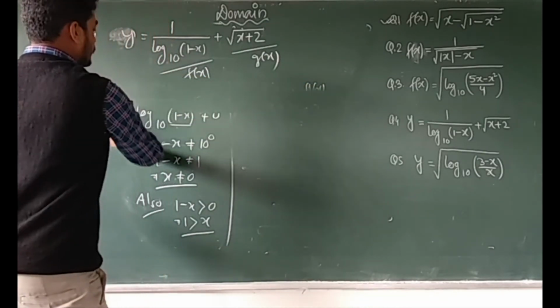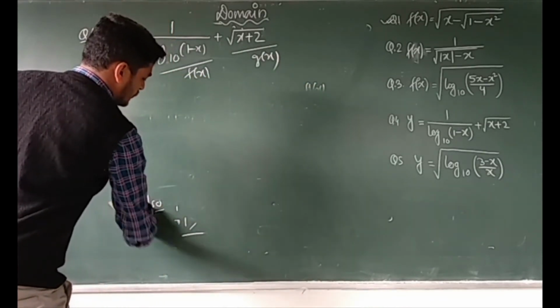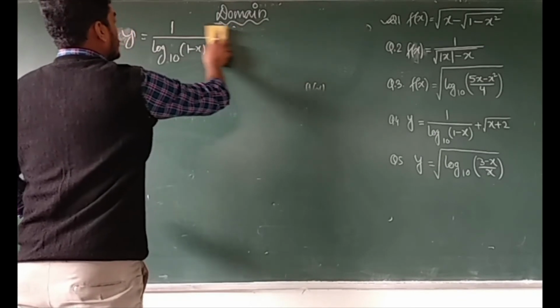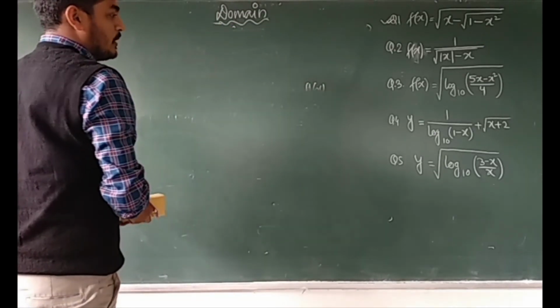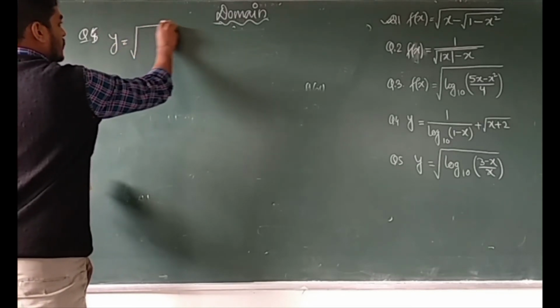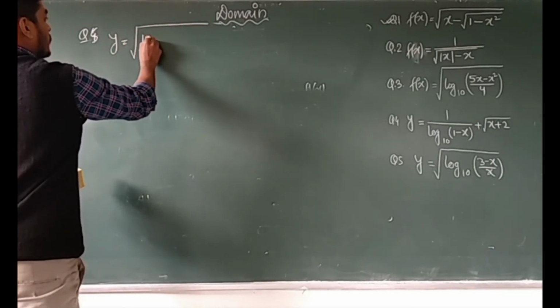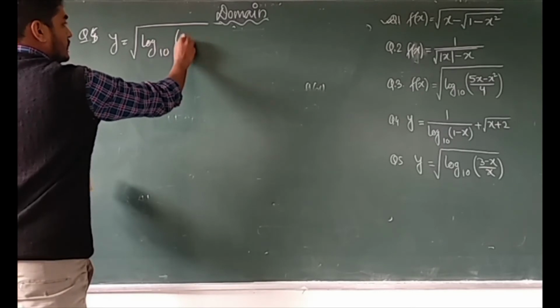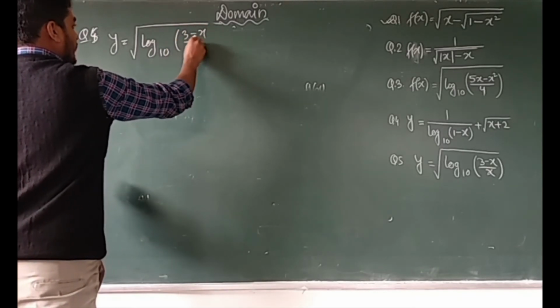Okay, let us try to find out the domain of the other function also. Let us find the domain of the last one. So the domain of question number 5, y is equal to log base 10 of (3 minus x by x).